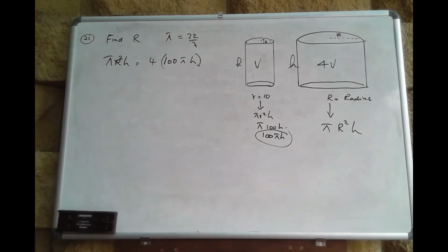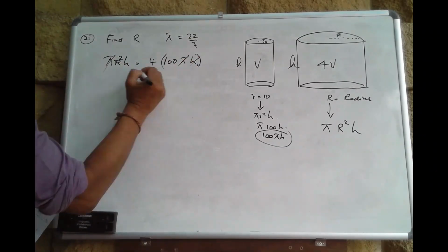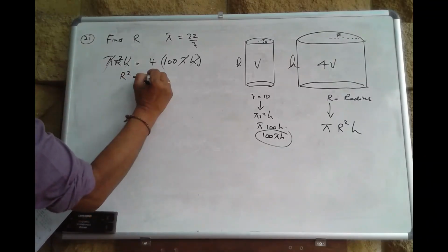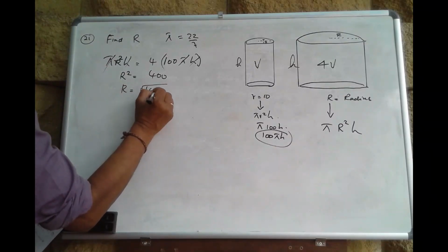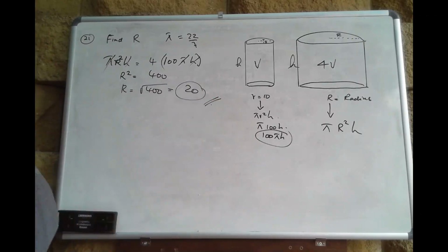So you can see here, this can be eliminated and this can be eliminated. So we got R squared is equal to 400. Therefore, R is equal to the square root of 400, that will be equal to 20. So that's the answer for that question.